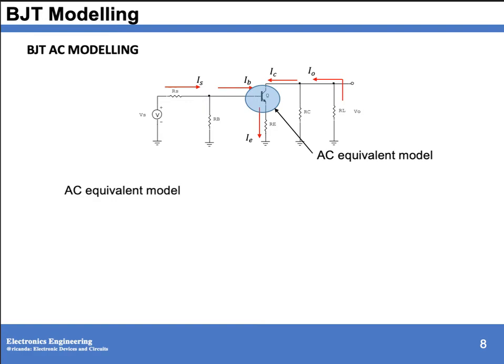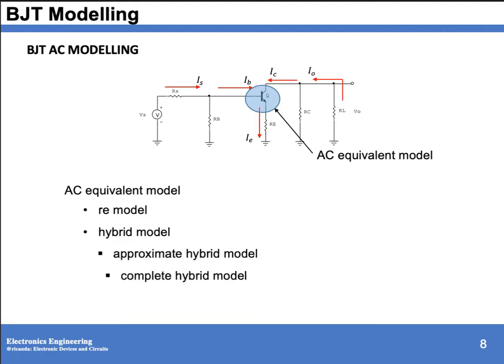So we have now to change your transistor into an AC equivalent model. And there are three models. The first one is the re model. The second one is the hybrid model. Under the hybrid model, we have the approximate hybrid model and the complete hybrid model. And the third one is the hybrid pi model.